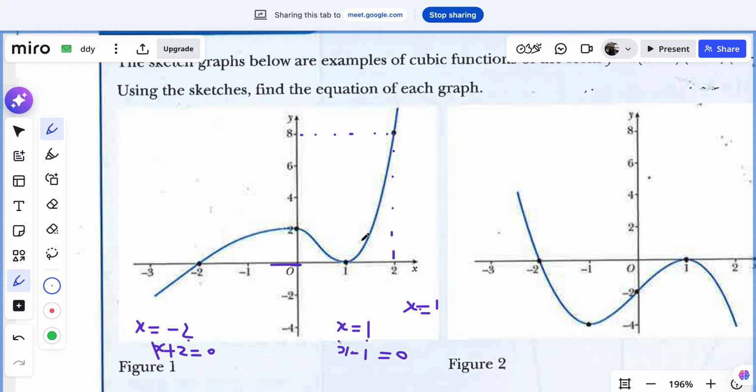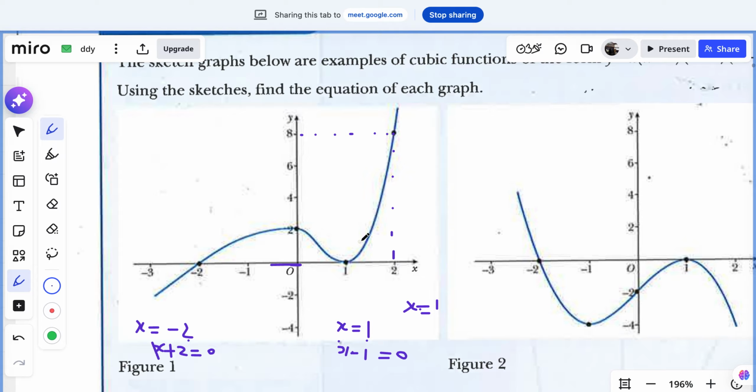This graph, k will be negative. This first one, k was positive. You can see this cubic graph, k is positive. It's a positive cubic graph. But this one that goes negative first, k is negative. So in figure 2, k will be negative.